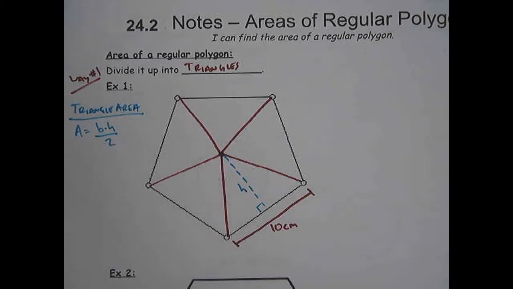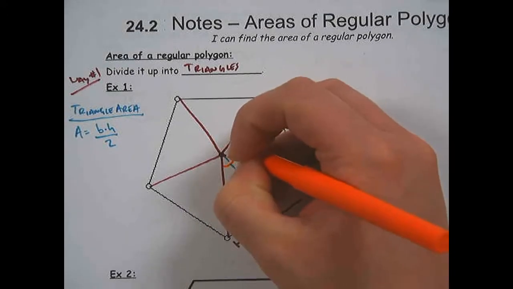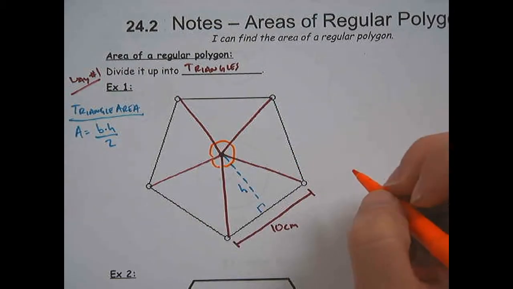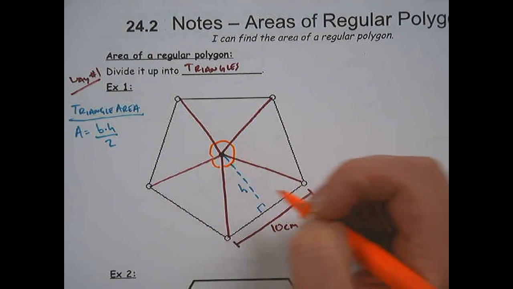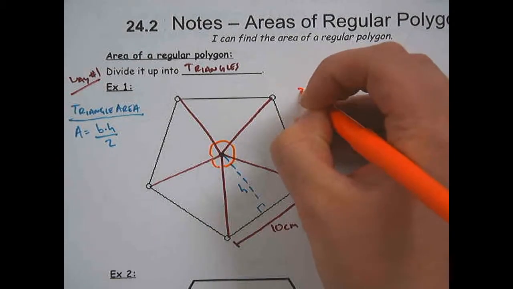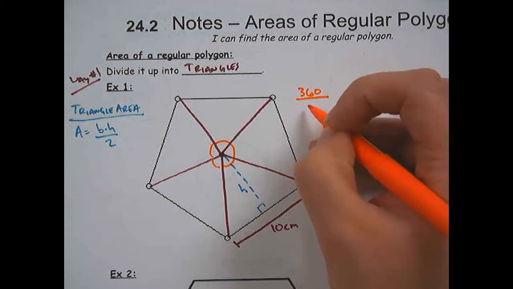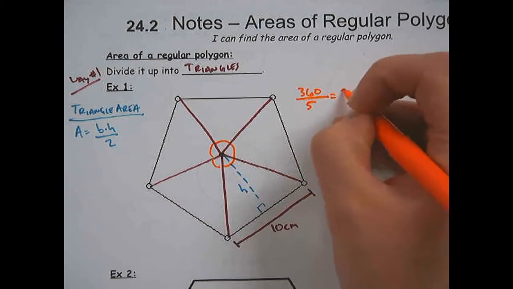One thing we can notice is that these five angles are all the same, and they add up to 360 because we went all the way around this circle. So we go 360 divided by 5, since there are 5 angles here, and that gives us 72.